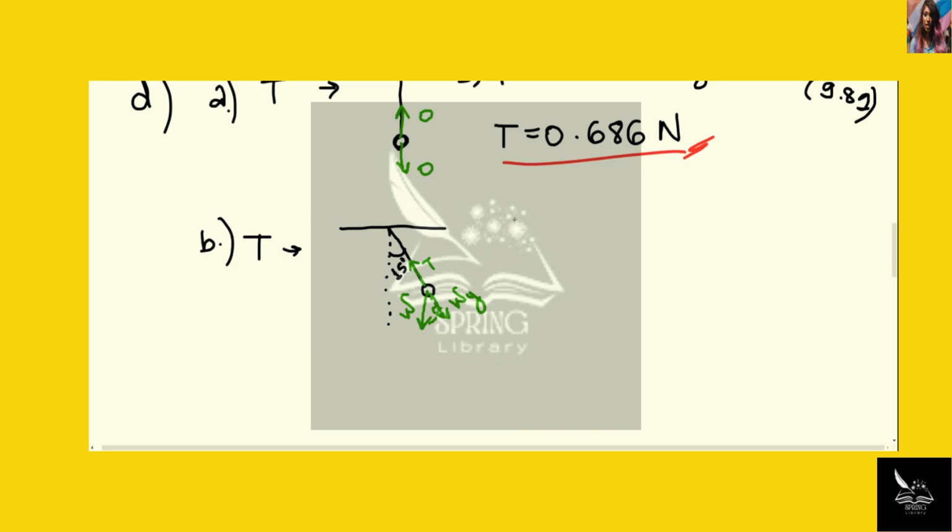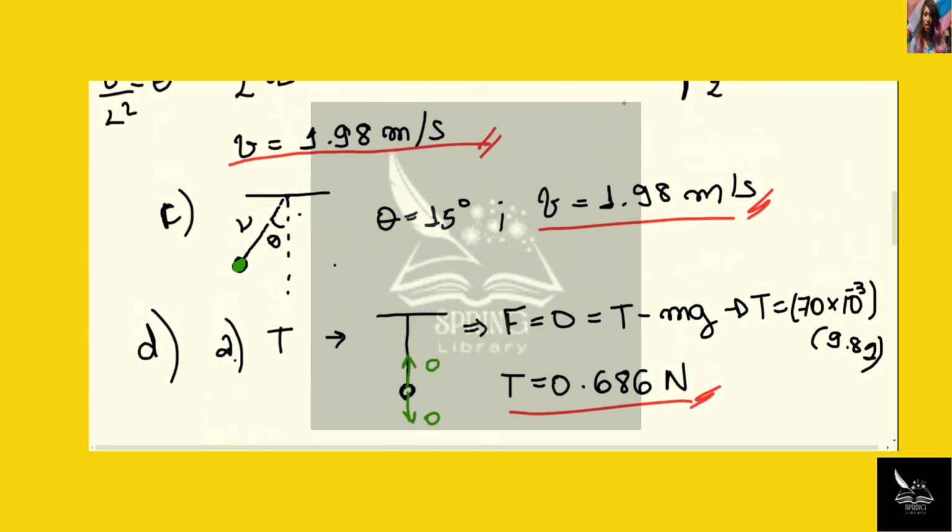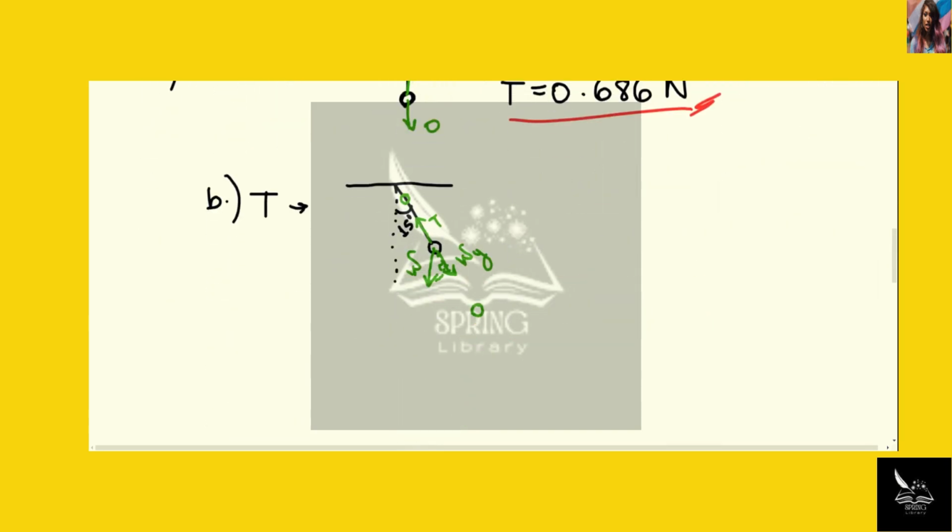And from Newton's second law, since the ball is not moving in this direction, nor like this, from the same argument we made here, the projection of the gravitational force along the direction of the wire is going to be equal to the tension.